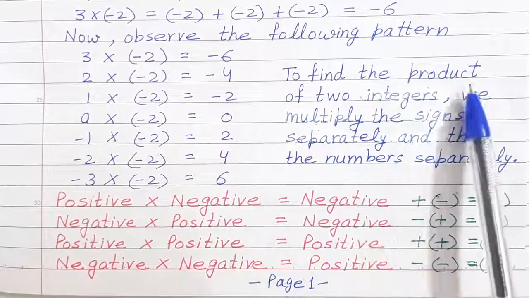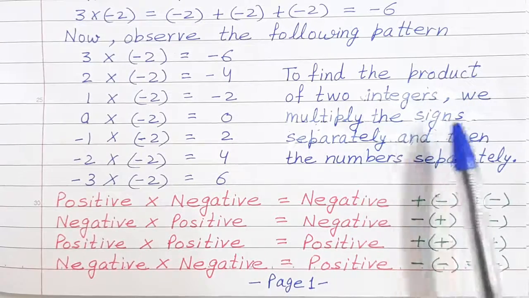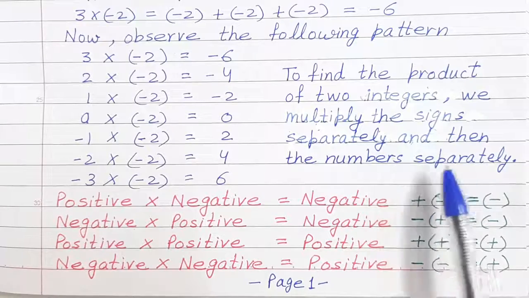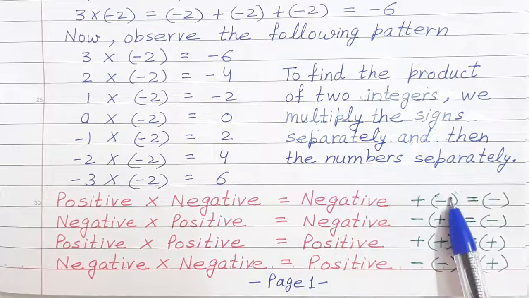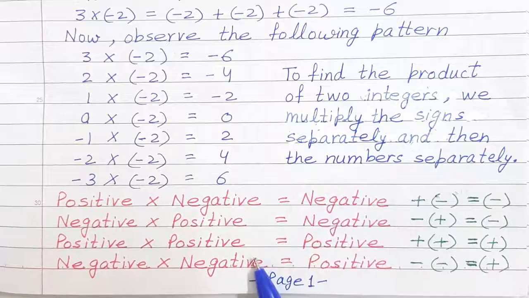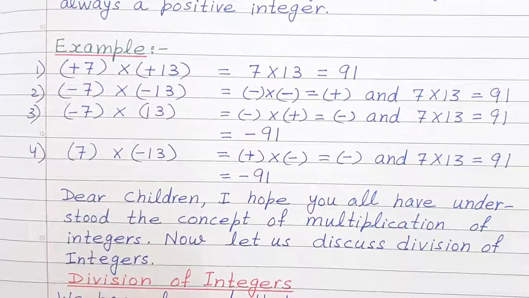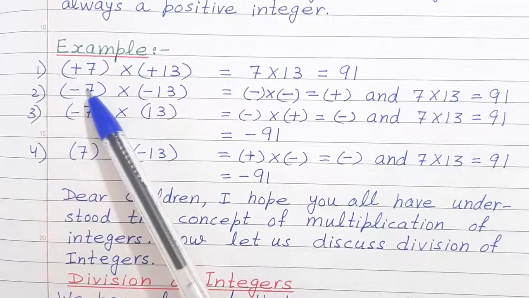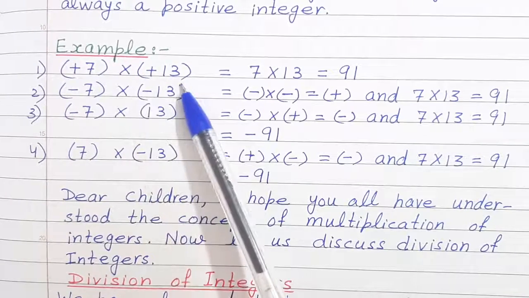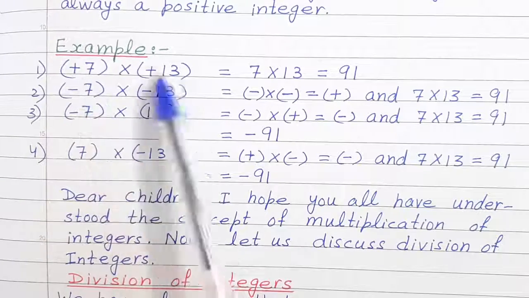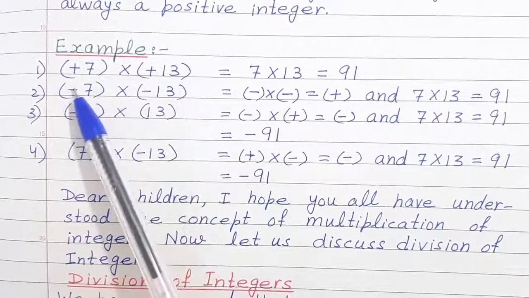So to find the product of two integers, we multiply the signs separately and the numbers separately. Let us try to understand this with the help of some examples. Plus 7 multiplied by plus 13. Children, here both the numbers are positive.